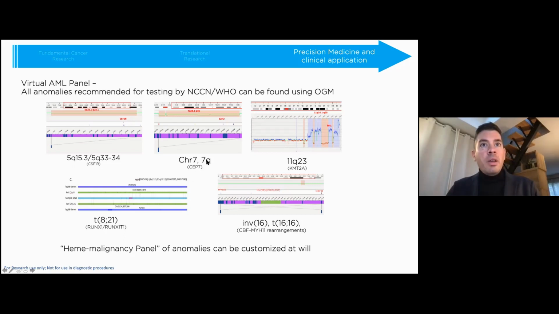You can have a 7q deletion. You have any event impacting the KMT2A gene, any event impacting the translocation 8;21, leading to a RUNX1, RUNX1T1 fusion, and also inversion on chromosome 16. You can create this panel for any cancer, any pathology that you wish.